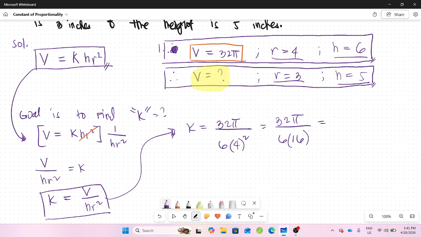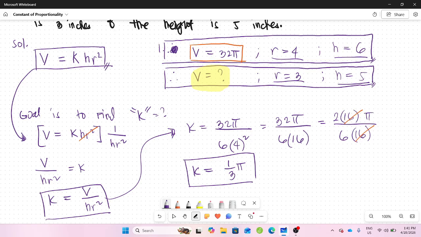We have 2 times 16 pi. We have 6 here and 16 here. We could omit this one, we could omit this one. All this can be factored. So we have k is equal to 1/3 pi. Okay, so this is the value of our k, the proportionality constant.